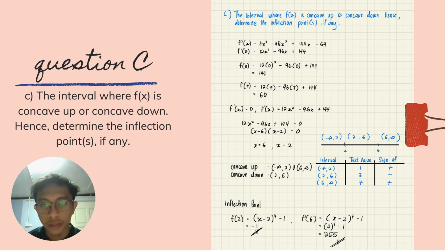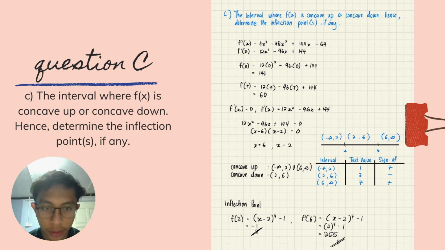Then we just need to substitute into the new equation with 0 and 7, which will give us 144 and 60. Since f double prime x equals 0, we can factorize it because 12x squared minus 96x plus 144 equals 0, which we can factorize, and we will get 6 and 2.